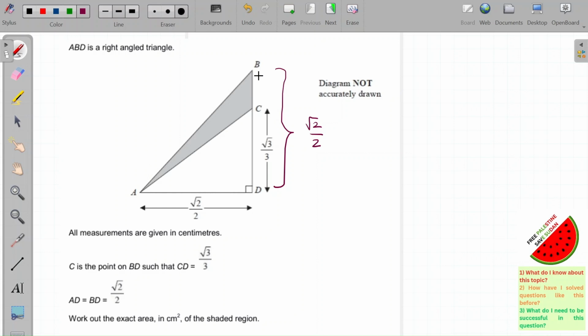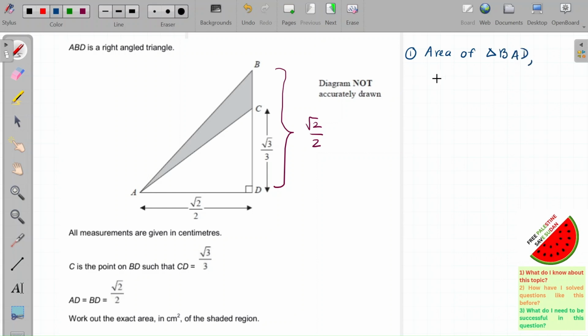So to solve this, I'll work out the area of the large triangle and then subtract from it the area of the small triangle. So let's do the first thing. Area of triangle BAD.